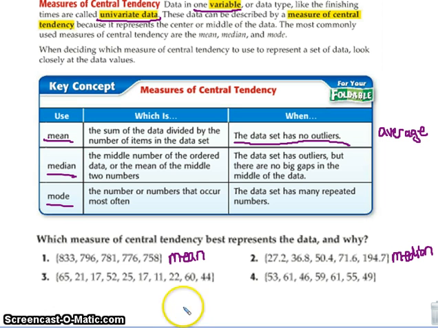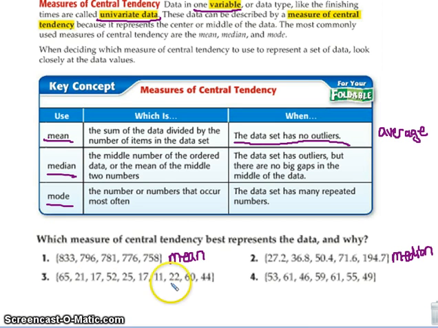For number 3, take a good look at all your numbers. What do you think? Well, just because it repeats once, is 17 the best representation of that whole data?